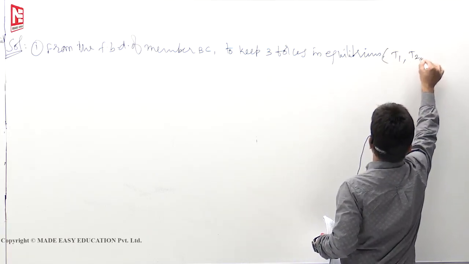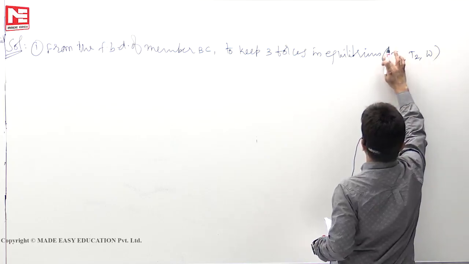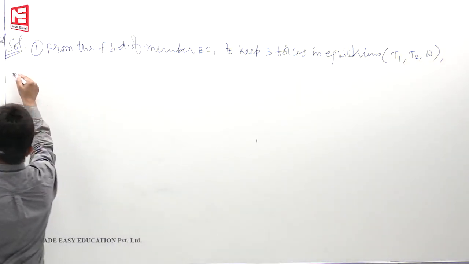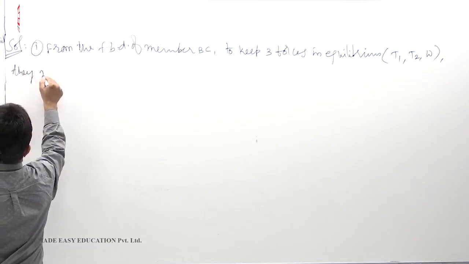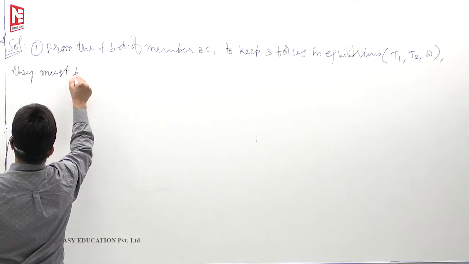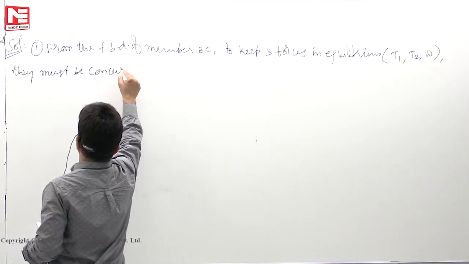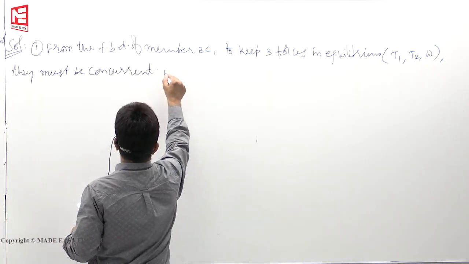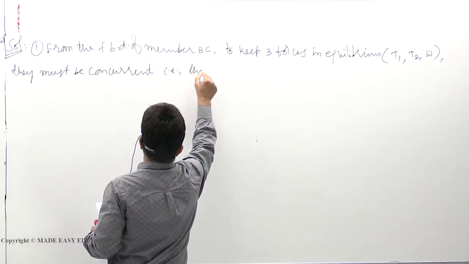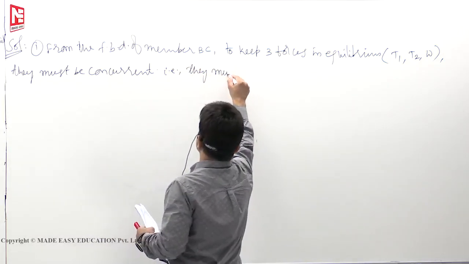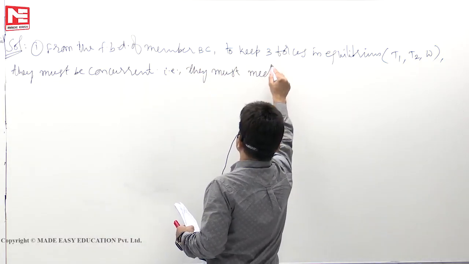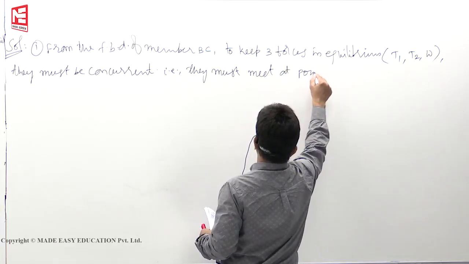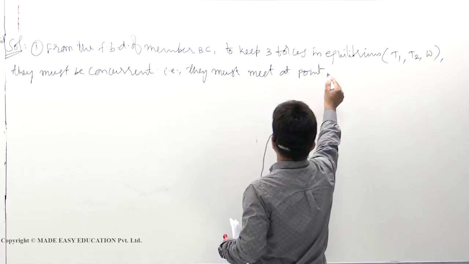T1, T2, W. For equilibrium, they must be concurrent. That is, they must meet at point G.